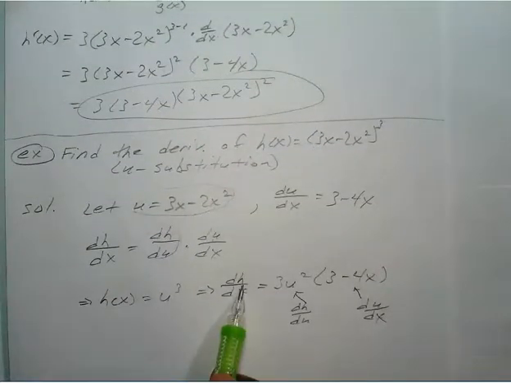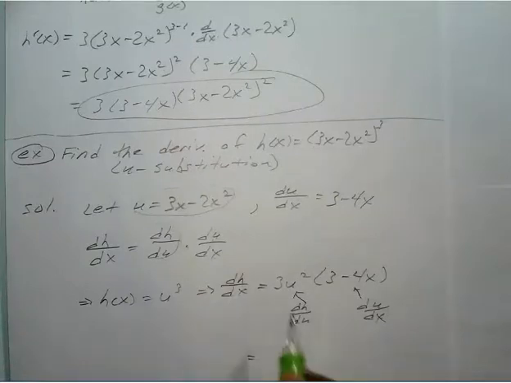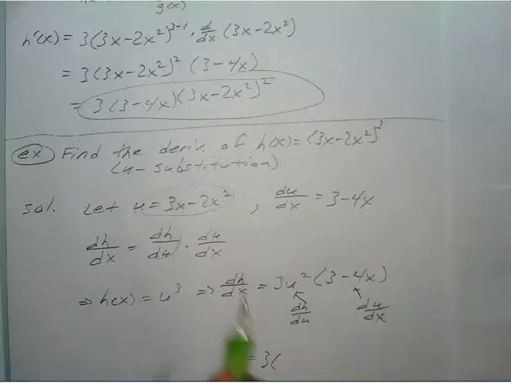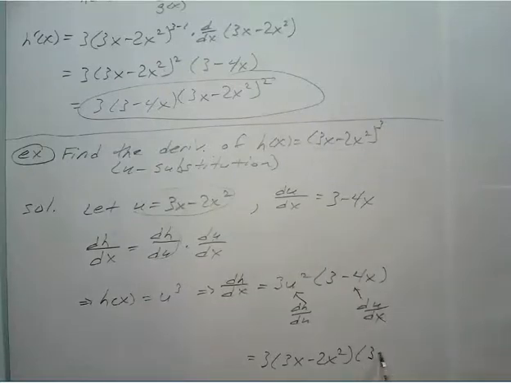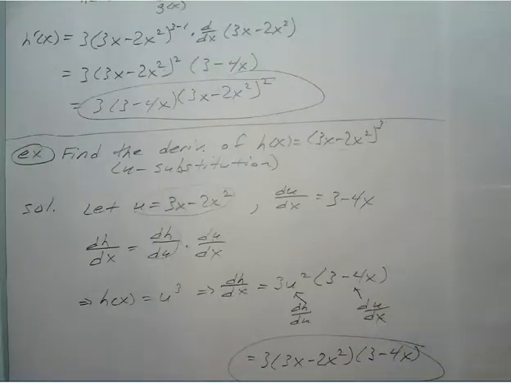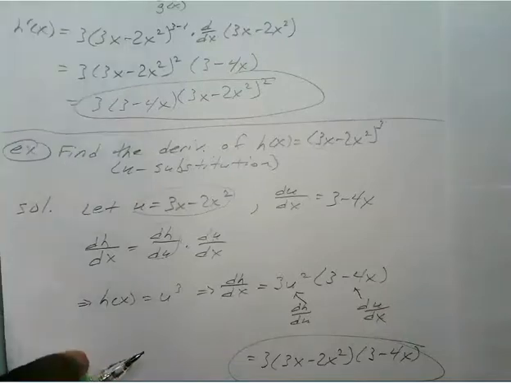So that means the derivative of h with respect to x is equal to, once we replace our u with what it is, 3 times (3x - 2x²)² times (3 - 4x). Okay, so we get the exact same answer, just two different methods. All right, if you are still writing, feel free to press pause. We're going to go ahead and move on to our next example.